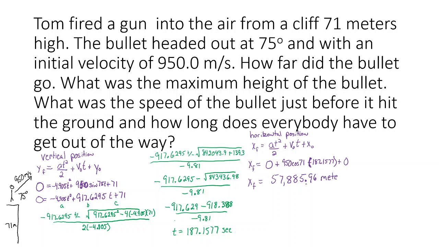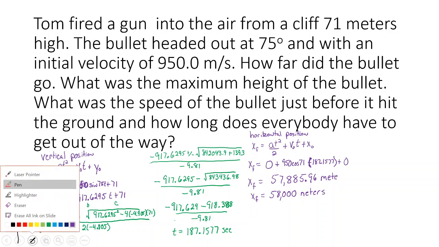I look back in the problem, I find two significant digits, so x final equals 58,000 meters. It would be really terrible if your teacher put multiple types of units into this. Thank the Lord, your teacher chose not to do that in this particular case. What a nice teacher.